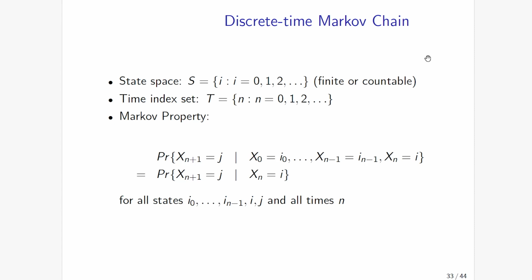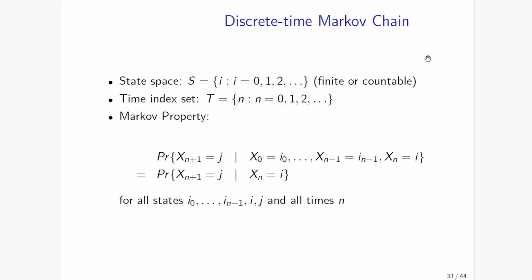And so the Markov property for this stochastic process would have that the probability of the next state being j at time n plus 1, given the values of the process X_0 through X_n, is equal to the conditional probability of state j at time n plus 1, just given that X_n is equal to i.